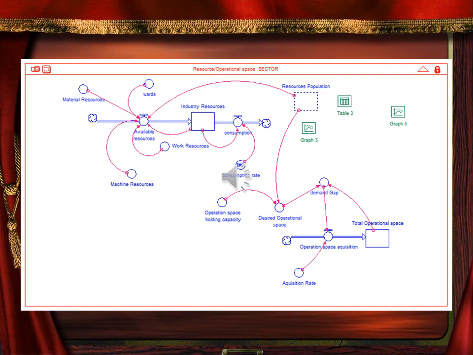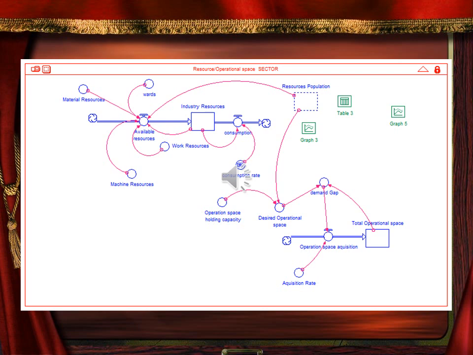Now, desired operational space also affects the demand gap. Here we are referring to the total operational space which is in place minus the desired operational space, which depends on the available resource population. So that is the desired gap. And of course the desired gap is going to push the company or the industry to acquire more operational space.